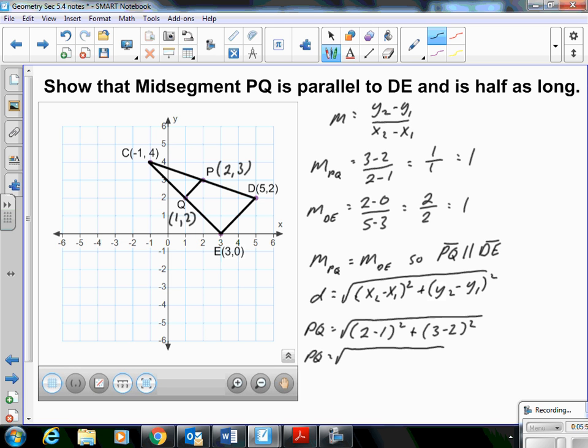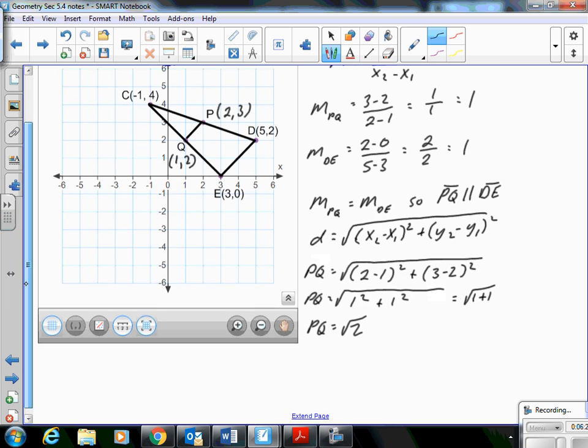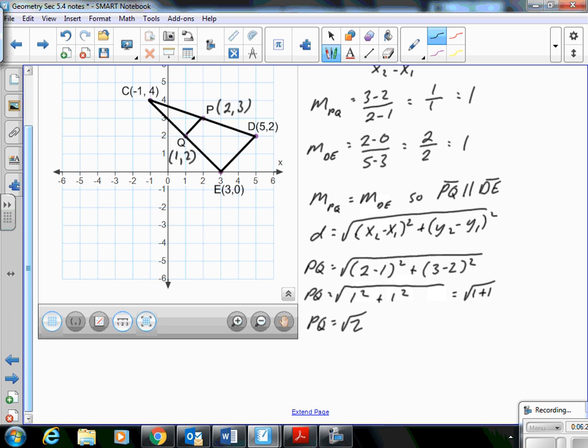So 2 minus 1 is 1 squared, plus 3 minus 2, which is 1 squared. And 1 squared is simply 1. So it's the same thing as the square root of 1 plus 1. So the length of PQ is going to be the square root of 2. It doesn't have a perfect square root, so I'm just going to leave it there.